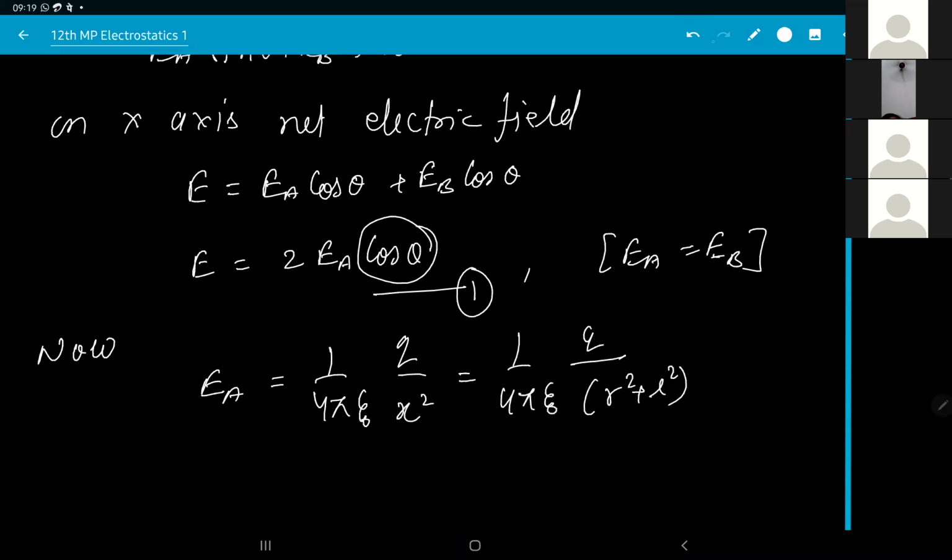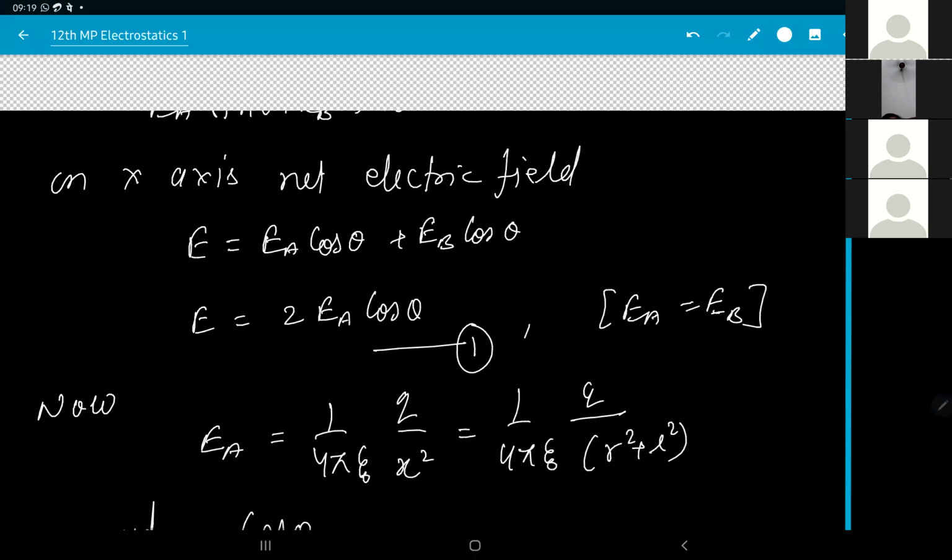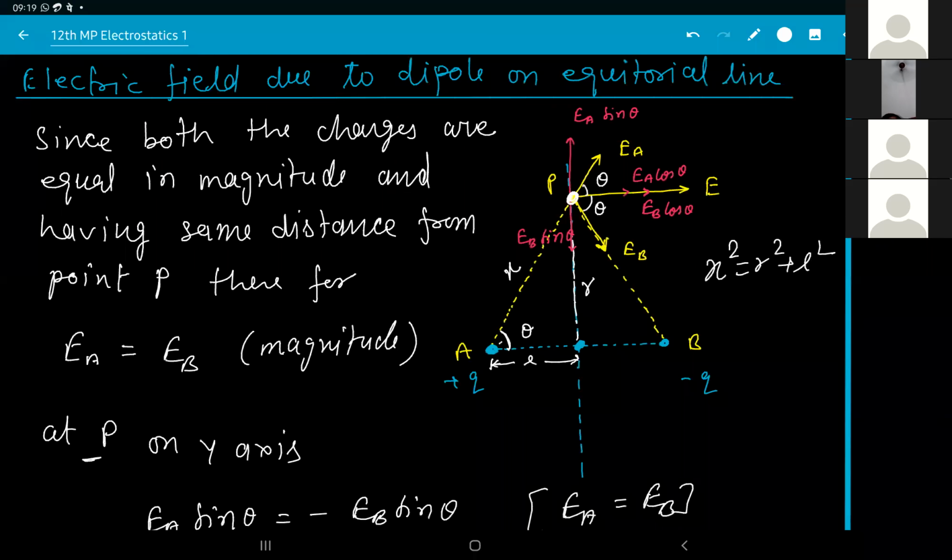Now we'll calculate cos theta. And cos theta is equal to, what is the cos theta? Cos theta is base upon hypotenuse. So in this triangle, cos theta is equal to base upon hypotenuse. That means L by X. Got it?